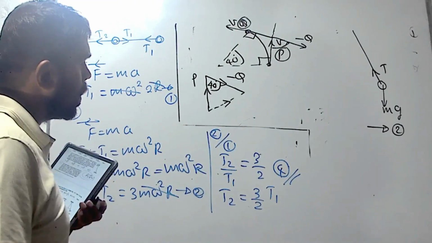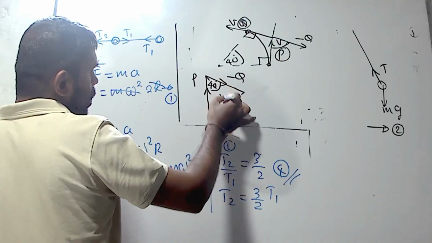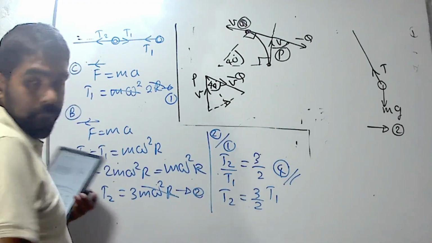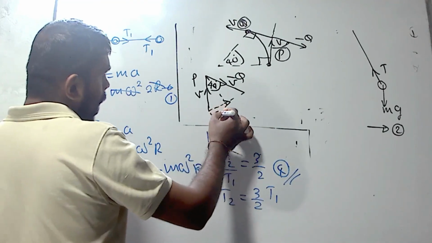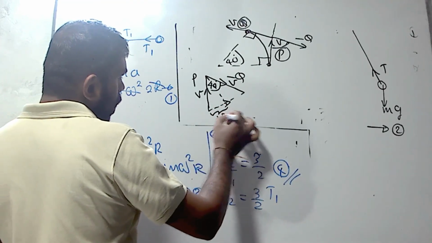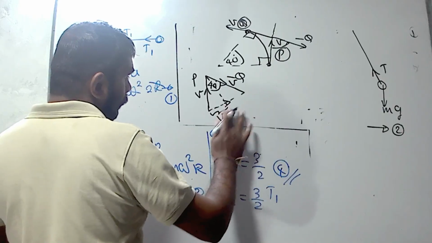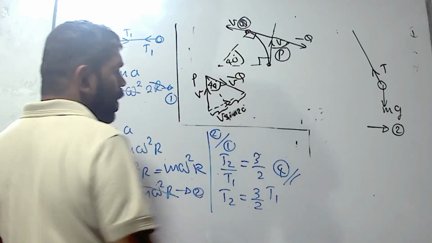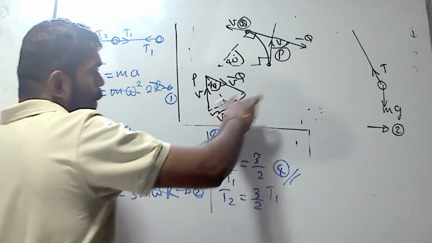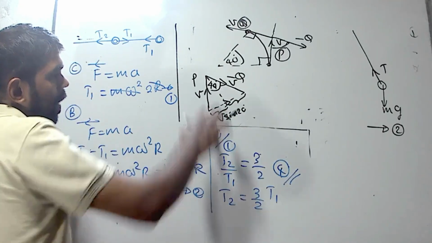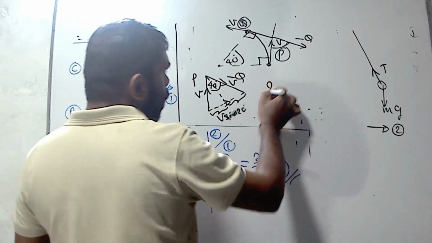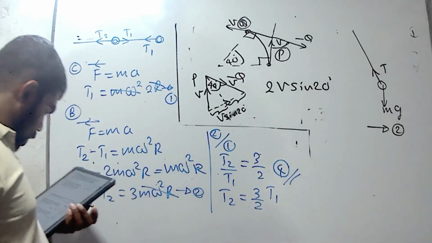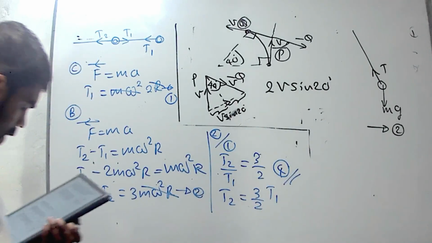Then we know that the magnitude of this vector and this vector is v. Then this side is v sin 20, and the same thing for this part, also v sin 20. Therefore, the resultant vector of P and minus Q is 2v sin 20. Then we can obtain that the correct answer is the third one.